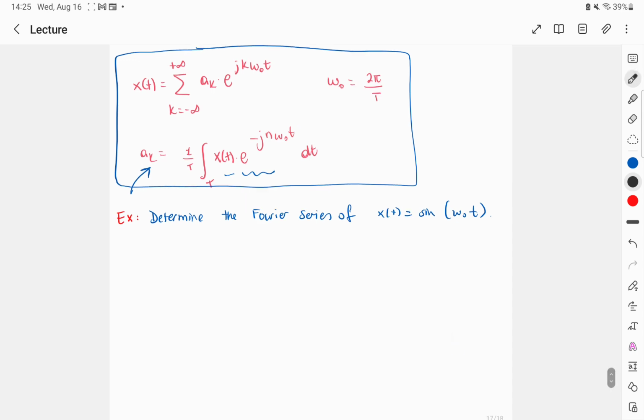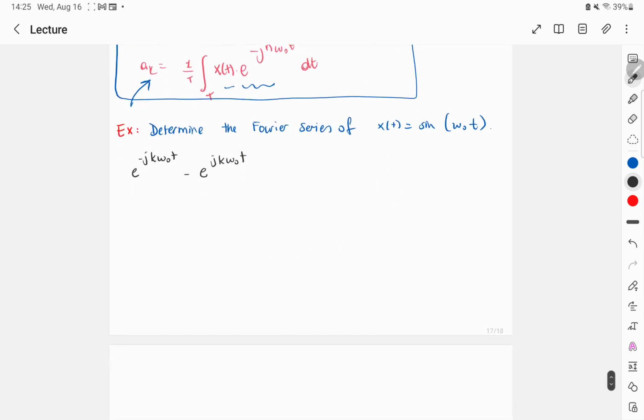First of all, as we have derived Euler's equations before, we can try to add up these two values. And as we know, this one will equal cosine negative j k omega plus j times sine negative j k omega minus cosine j k omega plus j sine j k omega.